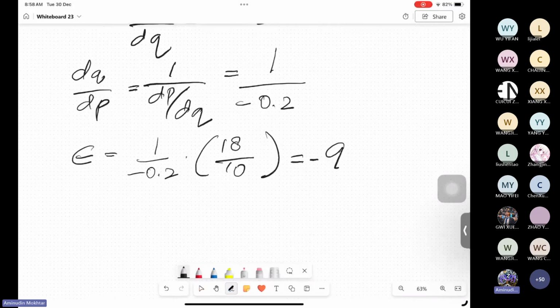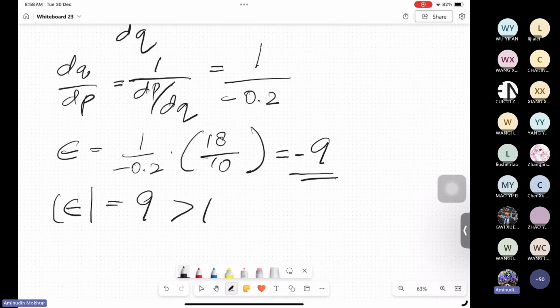And in order to interpret what it means by negative 9, the interpretation, we need to find the absolute value. The absolute value of E equals 9. Is it less than 1 or greater than 1?